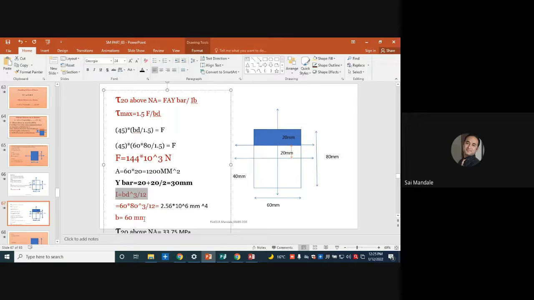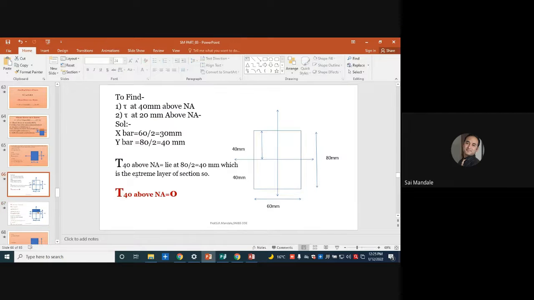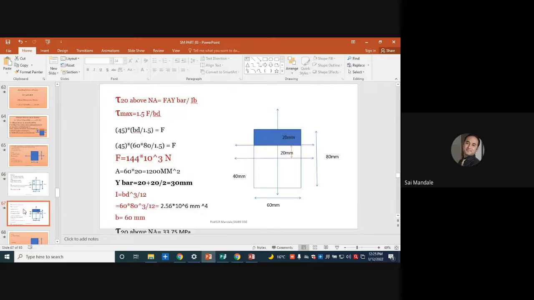So my question for you is, what you have to do? I guess you now know that the shear stress at the extreme fiber is always equal to zero. Your task is to identify the value of tau 20 mm above NA.